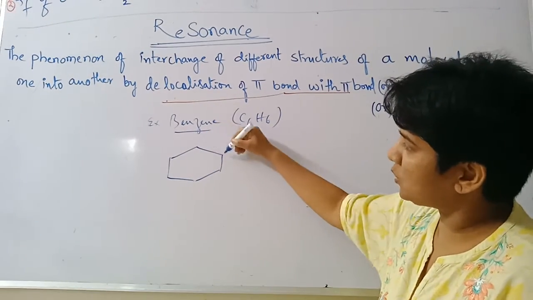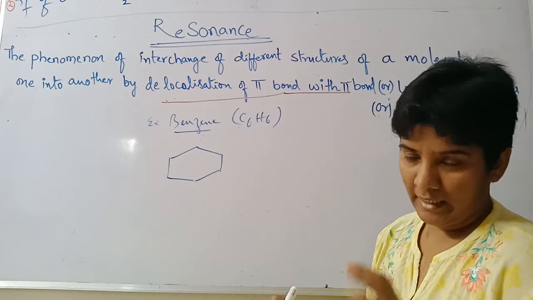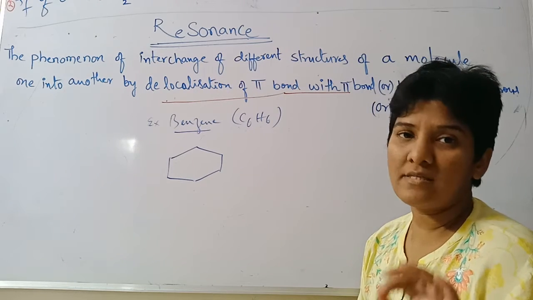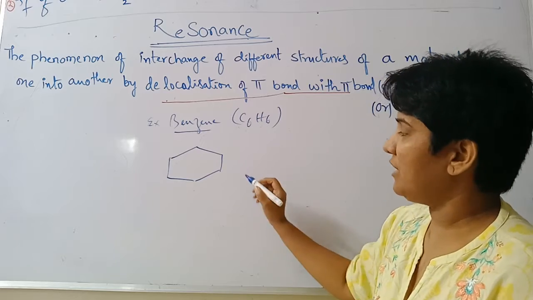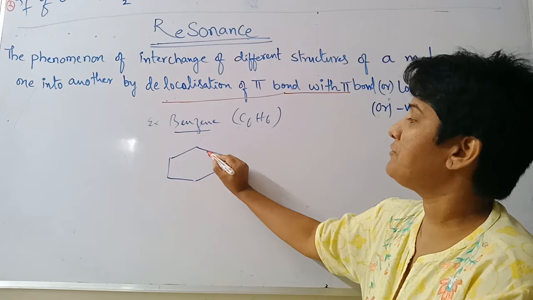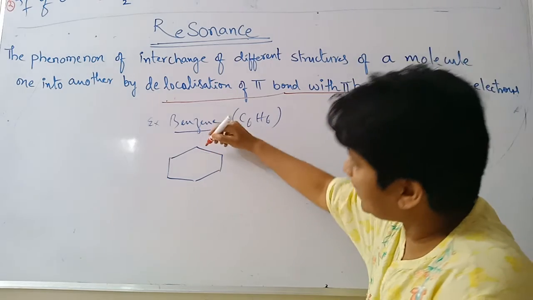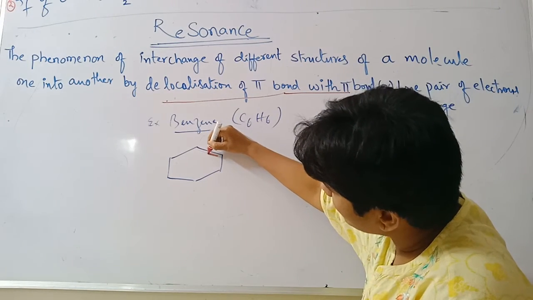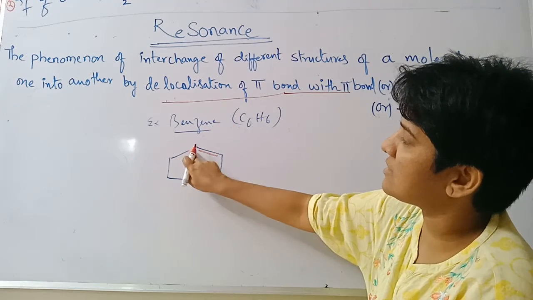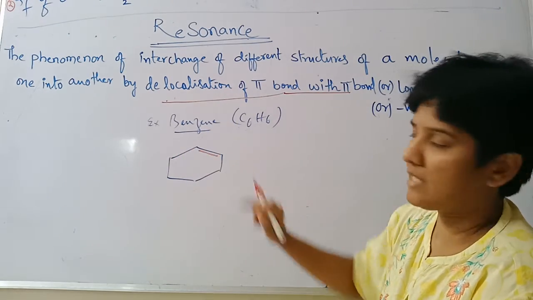Between two corners, a single line means a C-C single bond, and if you see two lines, it means a double bond. See here, this is a C-C single bond and this is a C-C double bond.